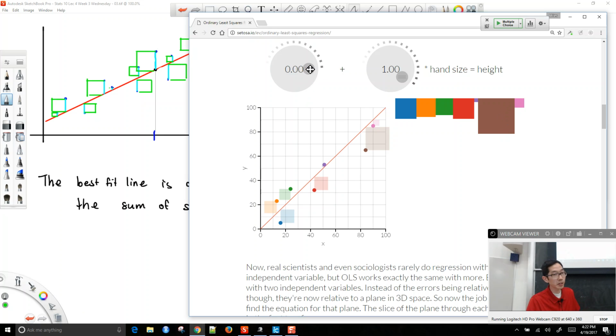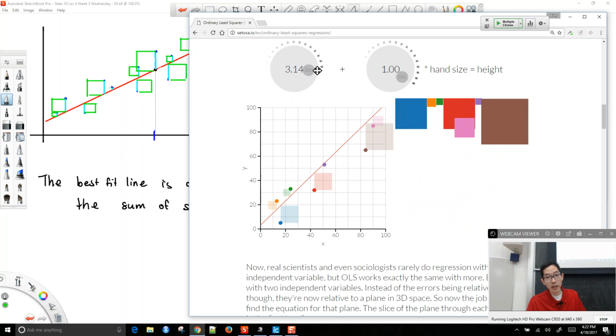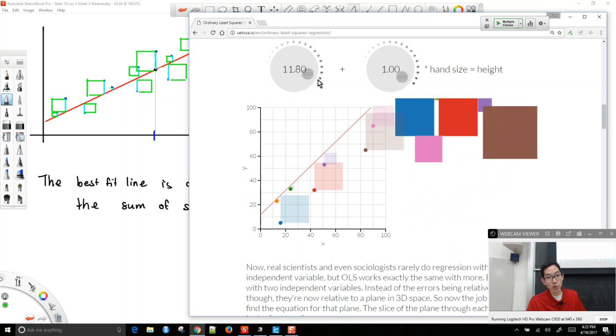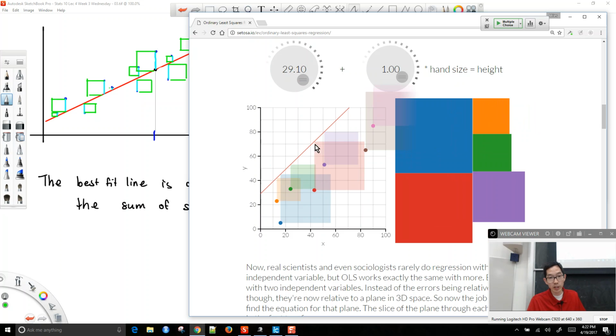This gives me the option to change the intercept here, and I can shift the line and we can see how the residuals change. If I shift the intercept way up here, this dot is very far from the line, so it has a huge residual, and when we square it, it has a huge squared residual.